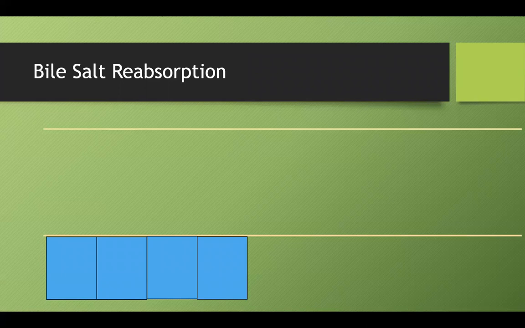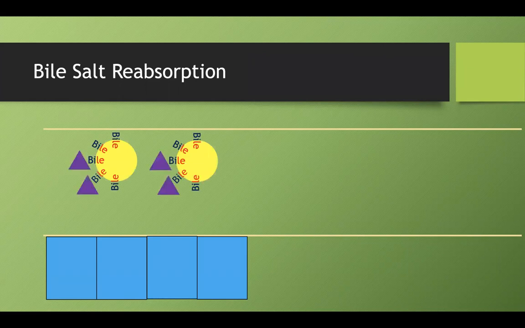So I'll draw this here. If this is our lumen of our GI tract, we have our bile surrounding fat droplets, and pancreatic proteases and lipases are doing their work. In this case, lipases would be breaking this down. They can break it down into micelles, and those can flow into enterocytes. Now, bile that was just helping with that process cannot get into that same enterocyte.